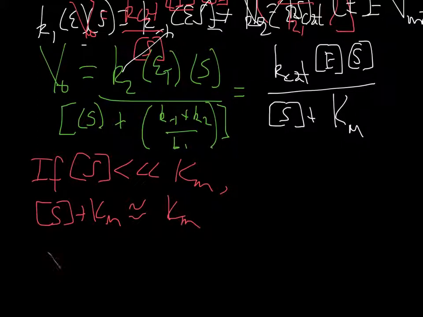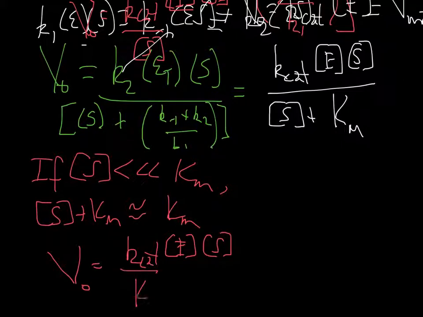And so that would make the reaction say V is equal to kcat times E times S divided by Km. And they usually just write it as kcat over Km. Or you could also see it written sometimes as Vmax.